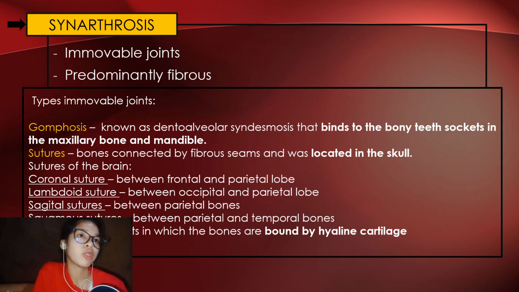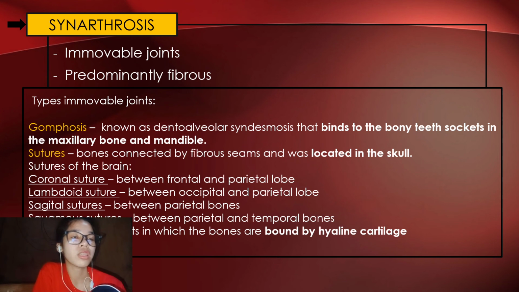These are the immovable joints and predominantly fibrous. So kung katong ganiha, ang diarthrosis is really movable, ang amphiarthrosis is katong slightly movable, kaning synarthrosis is mao ni siyang mga joints nga immovable, dili nimo siya mabend. So there are three types of immovable joints.